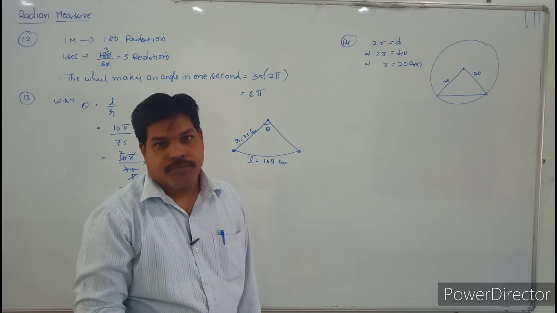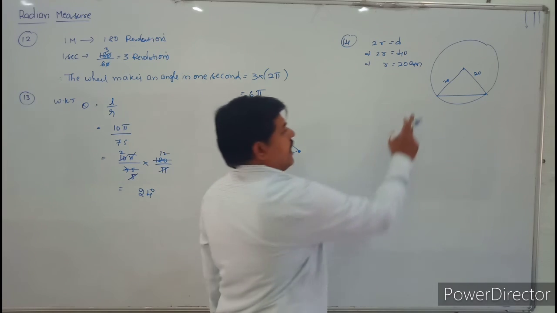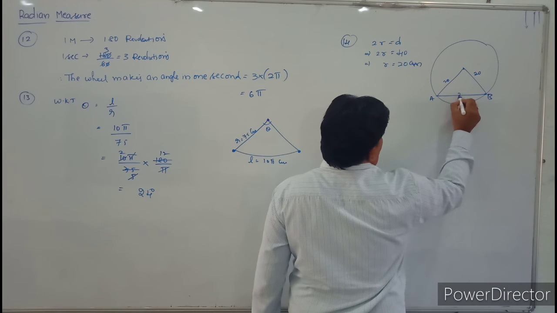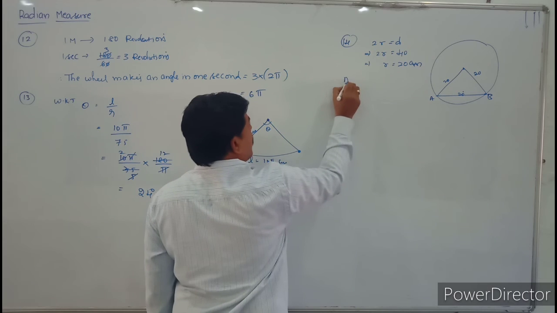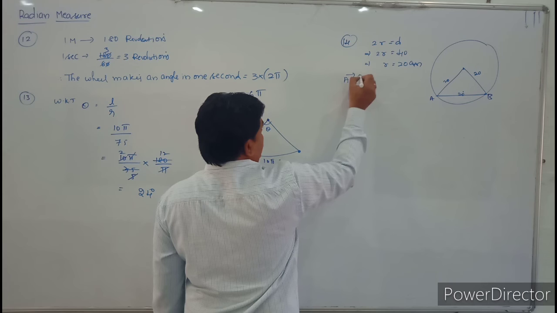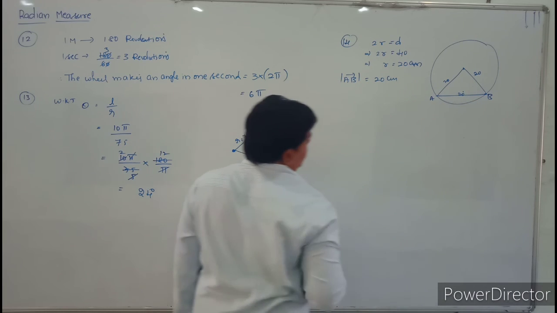Chord is a line that cuts the circle at 2 points. This is the chord AB, and this length AB is given as 20 centimeters.